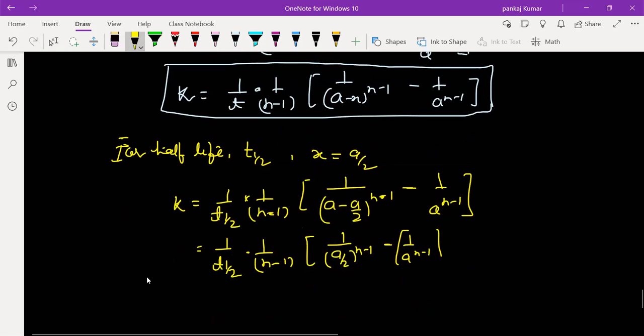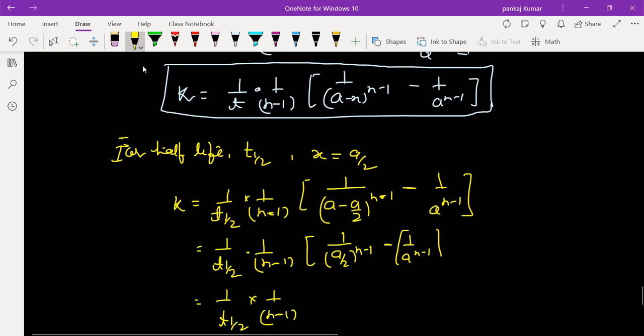So we can finally write 1 by t 1 by 2, and obviously this will be n minus 1, and this will go up, 2 to the power n minus 1, isn't it? 2 to the power n minus 1. Yes, this I think we have to take the value. 1 by a minus 1 will be outside.